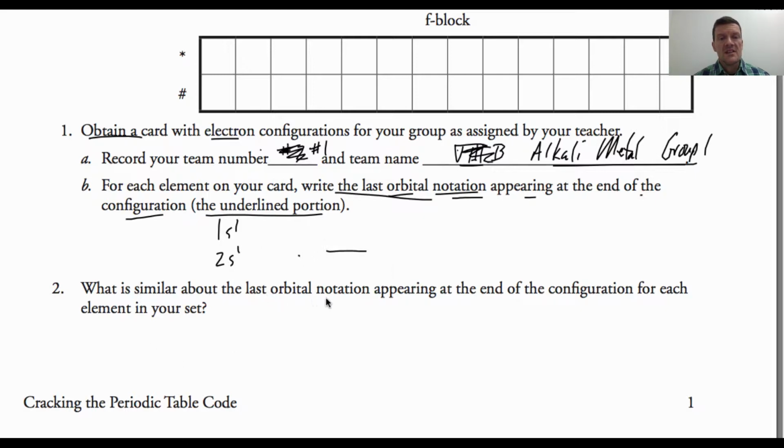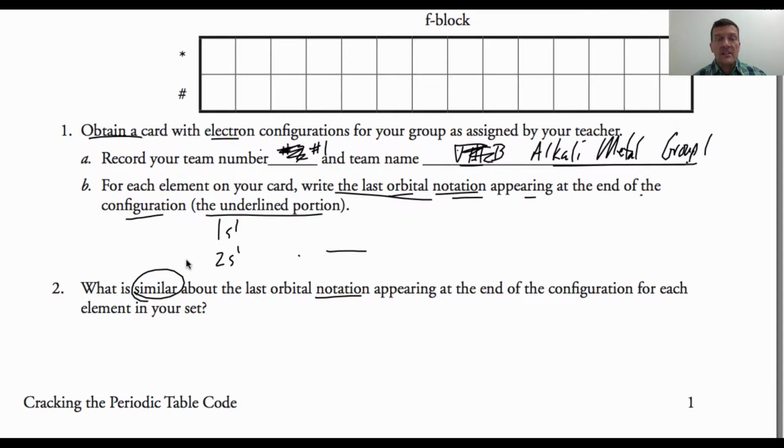What is similar about the last orbital notation appearing at the end of the configuration for each element in your set? So basically what's similar is we are filling a very similar orbital, it's just that it is at the next energy level. So they have a very familiar and similar ending, and remember those electrons at the end are serving as the valence electrons.